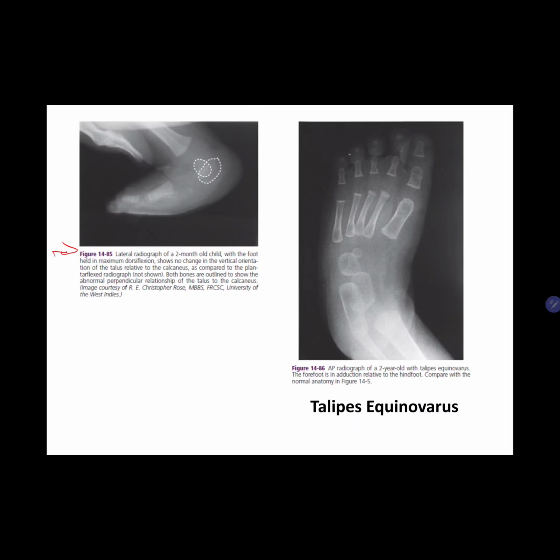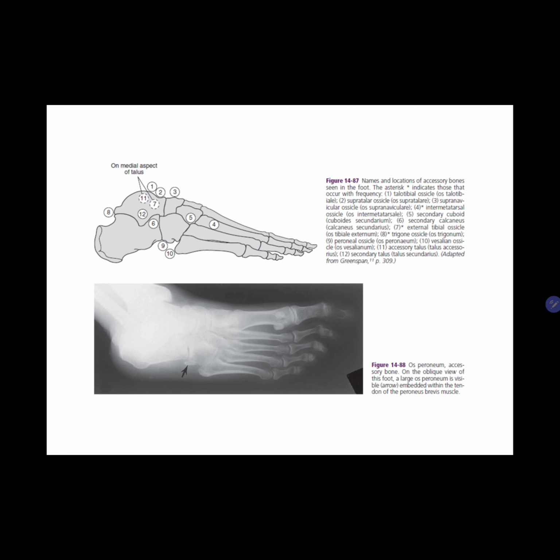The locations and the names of these are presented in figure 14-87 here. Alright, so the most commonly occurring accessory bones of the foot are the os trigonum, the os intermetatarsum, and the os tibiale or the accessory navicular found in figure 14-88.